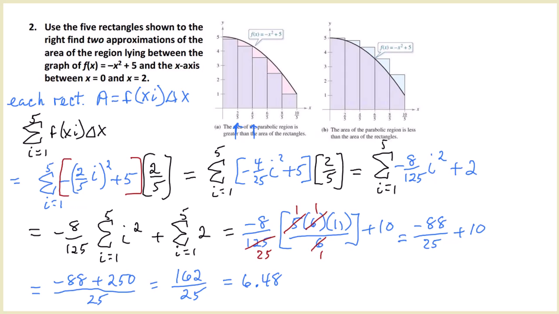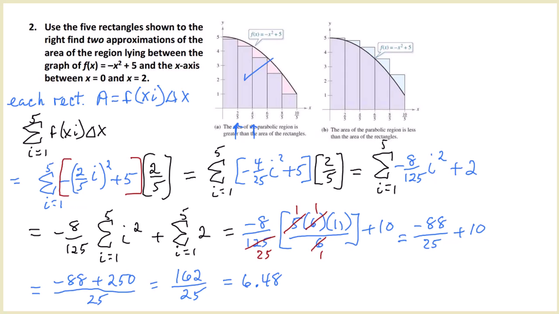That's this part. We still have to do it again for the second part over here on the right. And then we know that the true area of that curve from 0 to 2 is in between those two amounts.